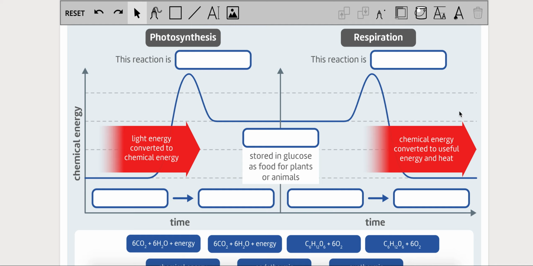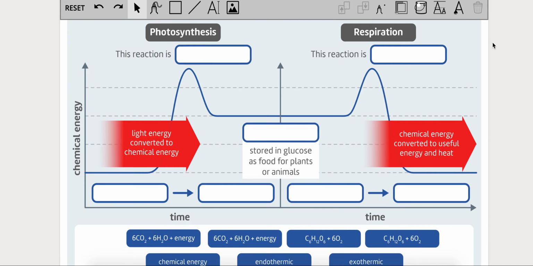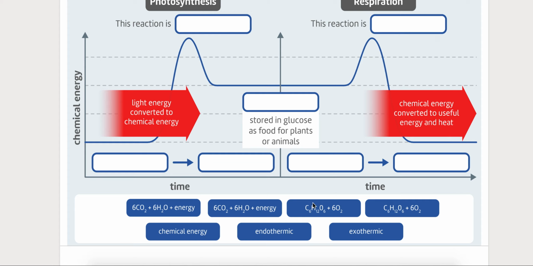And on the right-hand side here, we have respiration, and respiration is an exothermic reaction. So given that we've got our endo and exothermic reactions, they would go up the top into these spaces above.